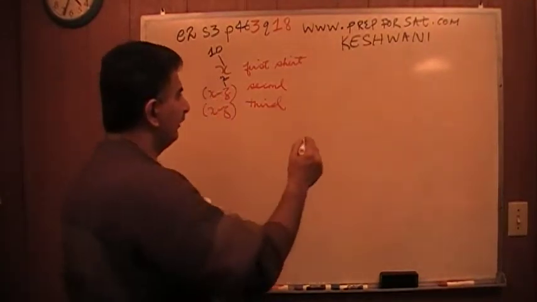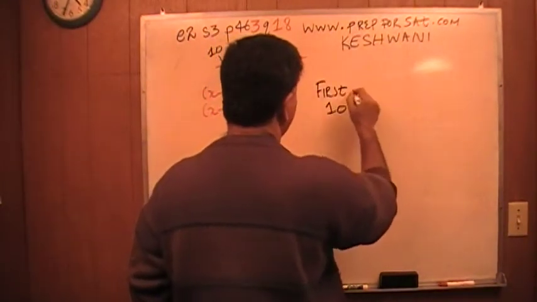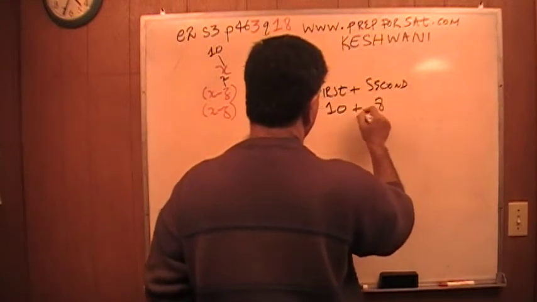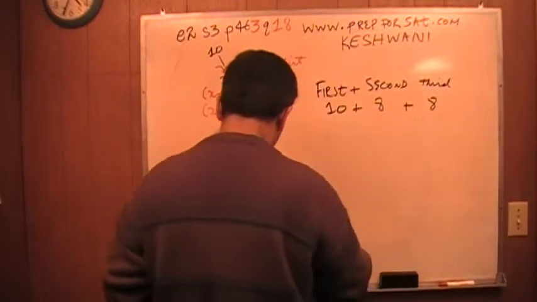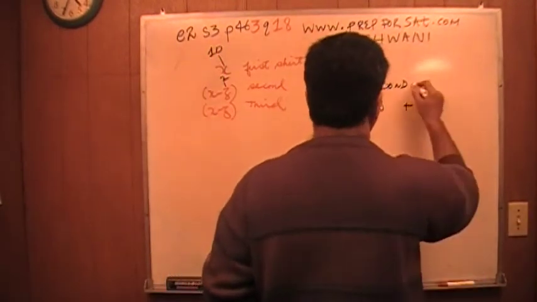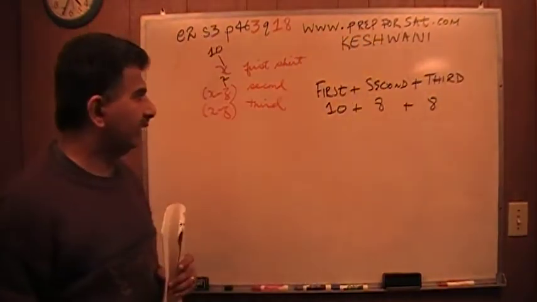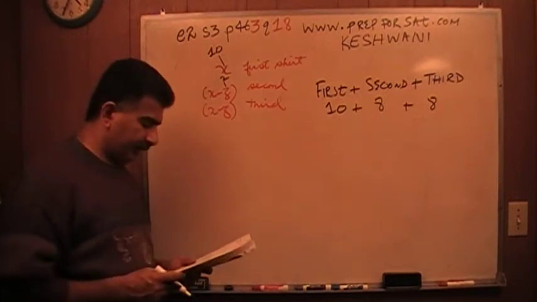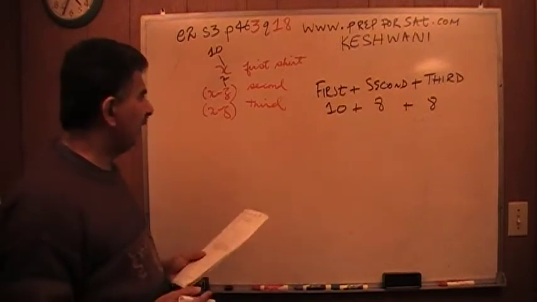So my first shirt is going to cost me $10. Second is going to cost me $8. And the third is going to cost me $8. Where are these $8 coming from? Because I'm pretending that Z equals 2. And I'm also pretending that I'm only buying 3 shirts.